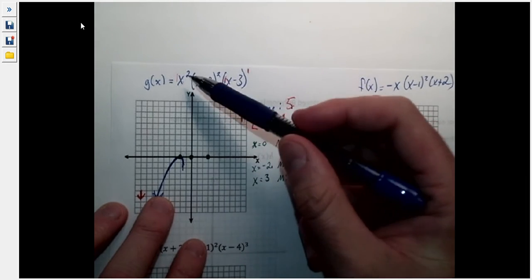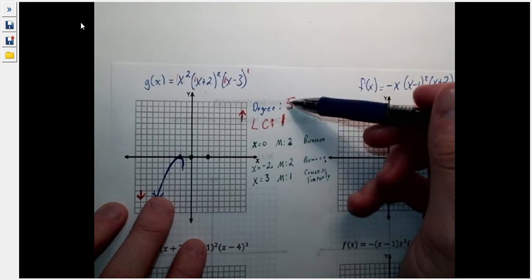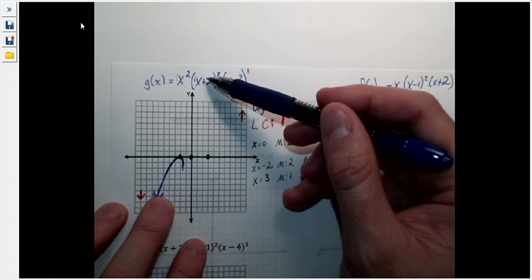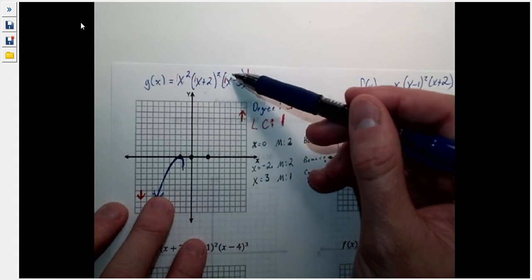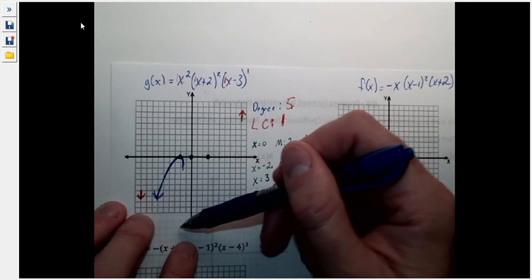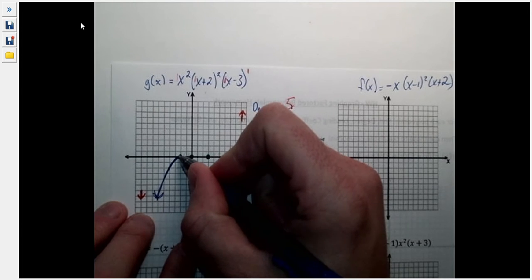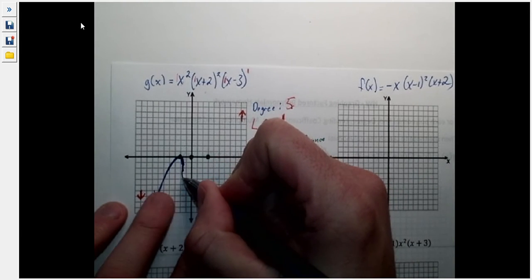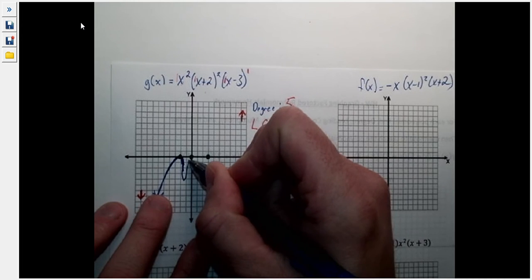Well, technically, if you plugged in 1 in here, you'd get 1, and that would be 3 squared, which is 9, times -2 would be like -18. So it would be way off the graph. But I know it's going to come down here, and it's going to turn around, and it's going to come back to this root.